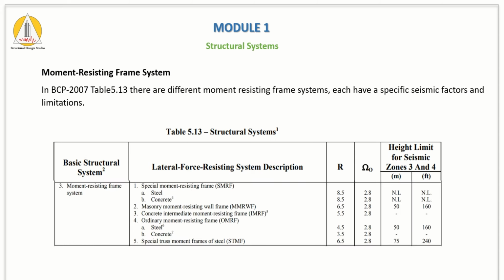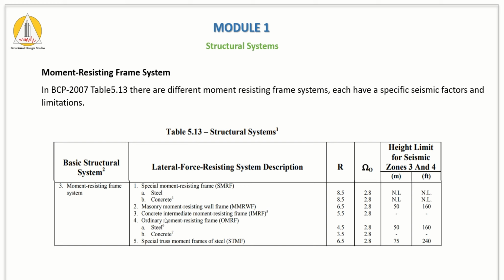So let's go to the table defined by the Building Code of Pakistan. This is the special moment resisting frame, which is known as the SMRF. For steel it is 8.5, for concrete it is also 8.5, and there is no limit on the height of the building in seismic zone 3 and 4 as well.